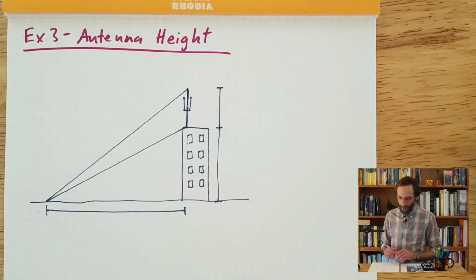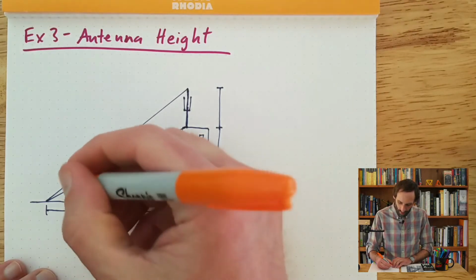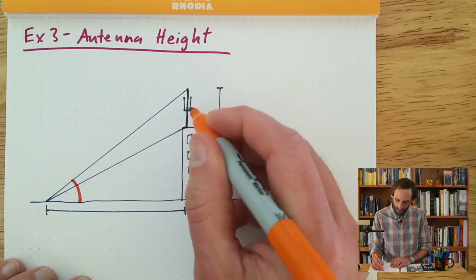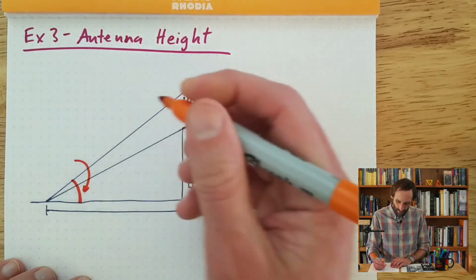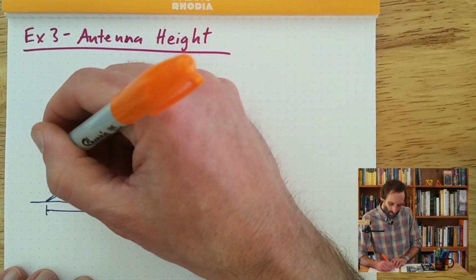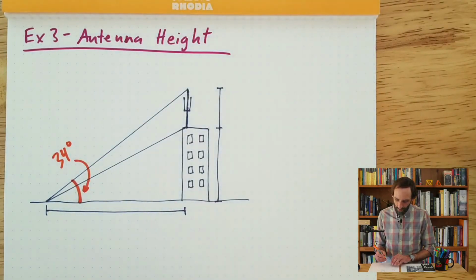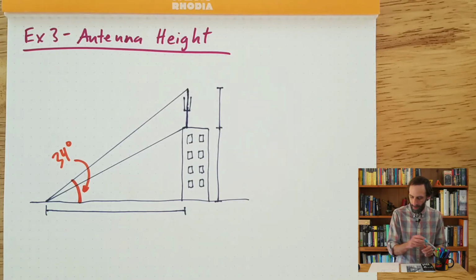So what do we need? We're going to need, first of all, some angles here. And so let's go ahead and say the whole angle of elevation up to the top of the antenna, let's say that is 34 degrees. And then I'll use a different color to make sure that we're being clear here.